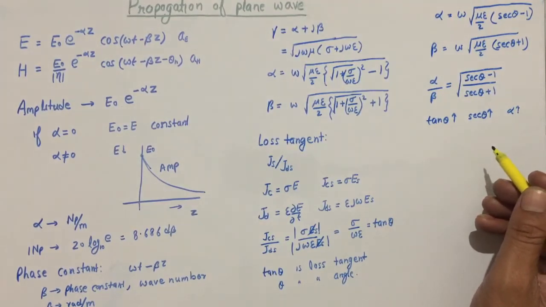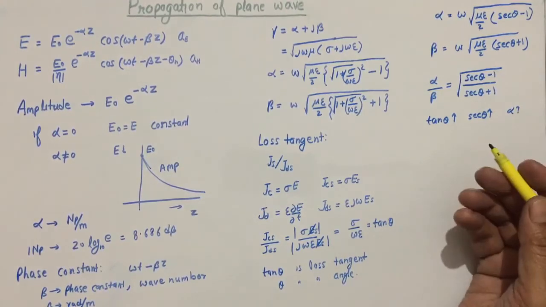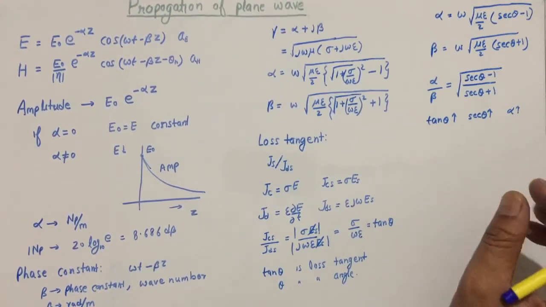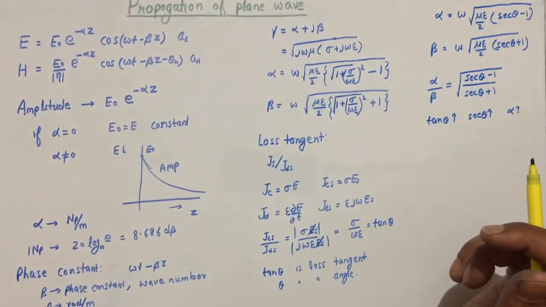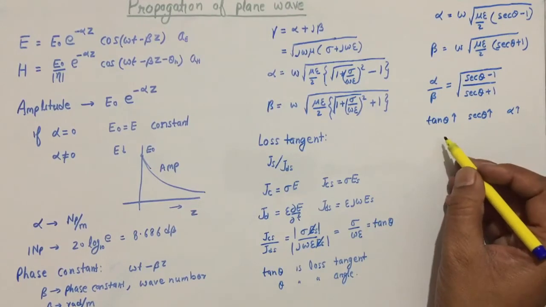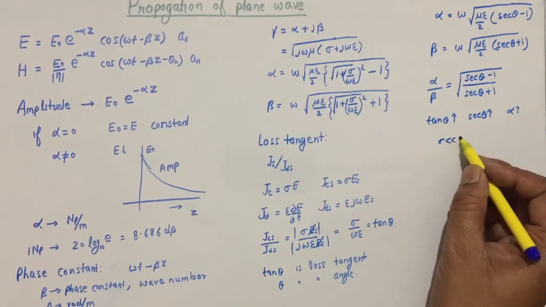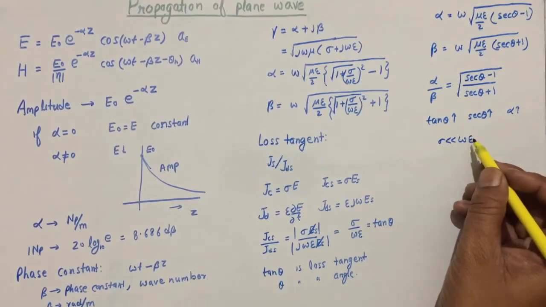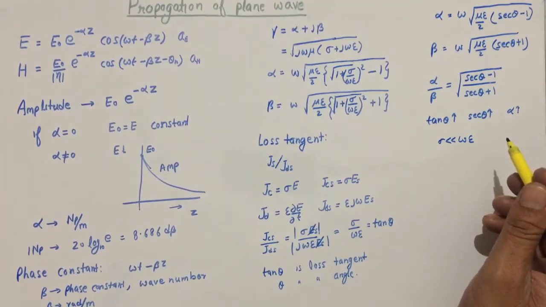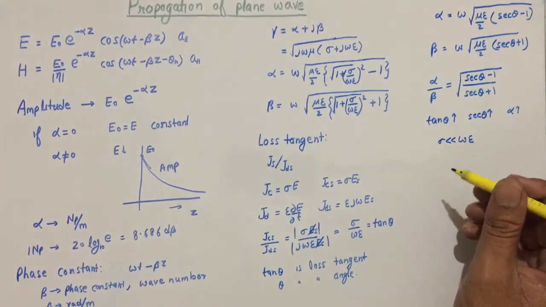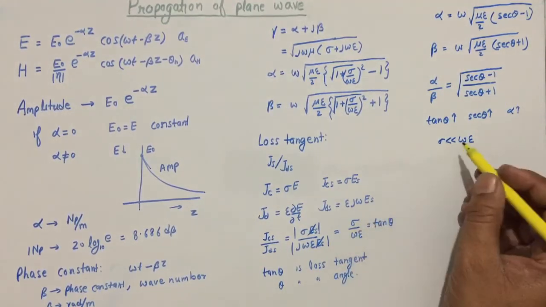In this way we find that tan theta, or simply theta, may be used to determine the lossy nature of the medium. A medium is said to be a good, or we can say lossless perfect dielectric if tan theta is very small. Okay, so if tan theta is very small, then sigma will be very much lower than omega epsilon. And a good conductor will be if it is very large.